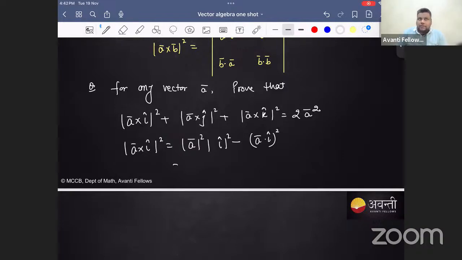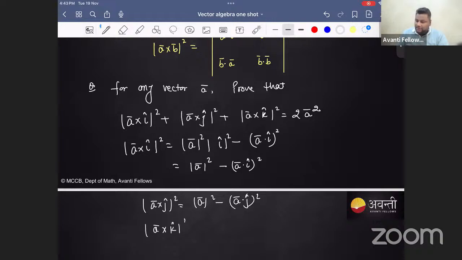So that would be magnitude A square minus A dot I cap square. Now, A cross J cap mod square is magnitude A square minus A dot J cap square. Now, A cross K cap magnitude square is magnitude A square minus A dot K cap square.